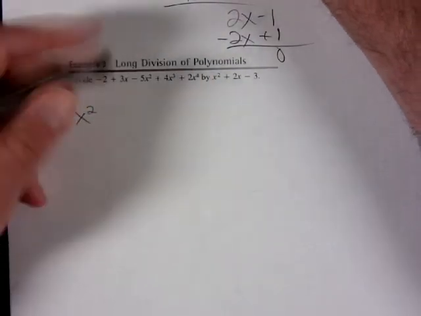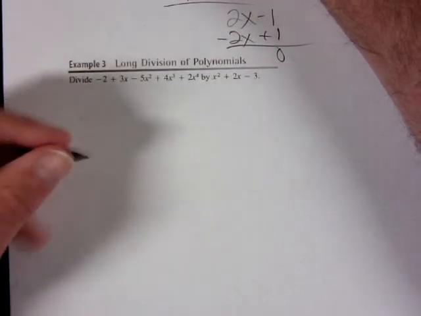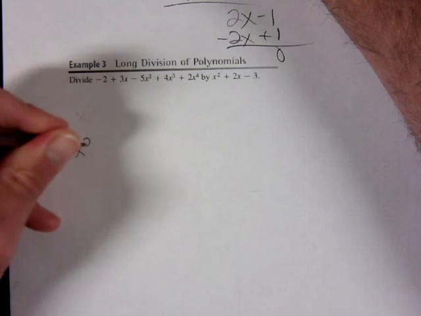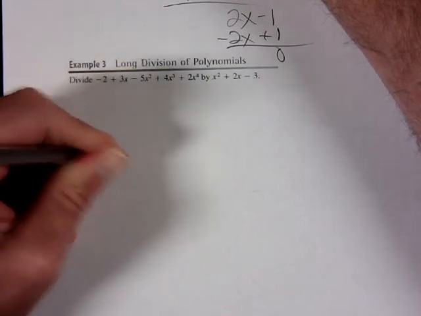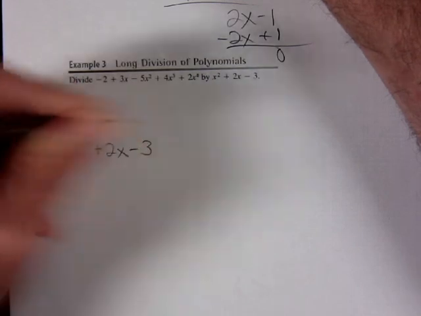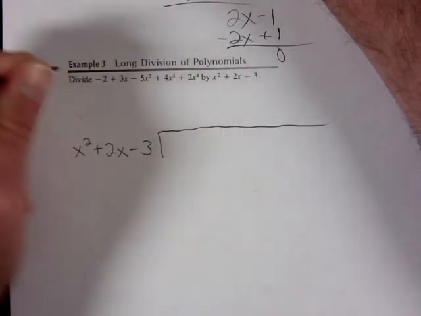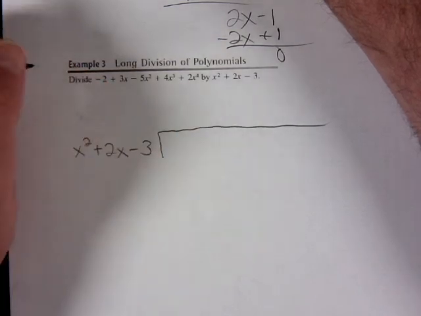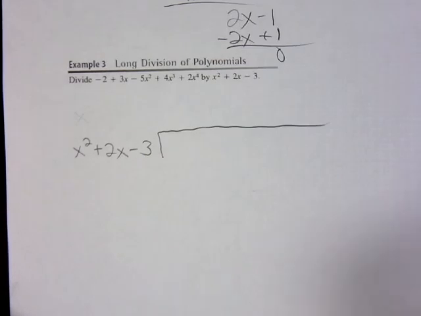May need to come down just a little bit to give myself a little more room here. So I'm going to come down to here, x squared plus 2x minus 3. Now I'm dividing that into, they have written this in ascending order of the variable.